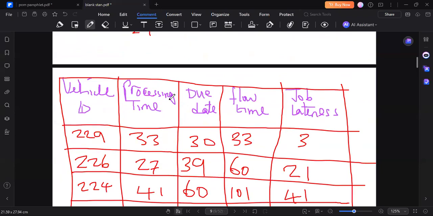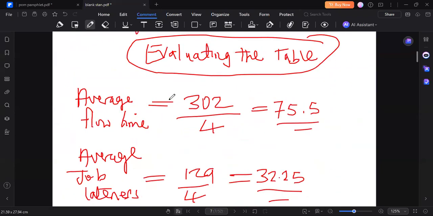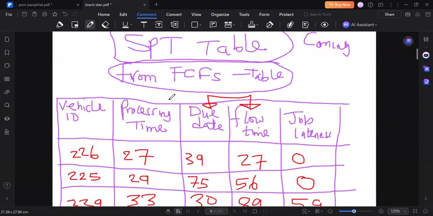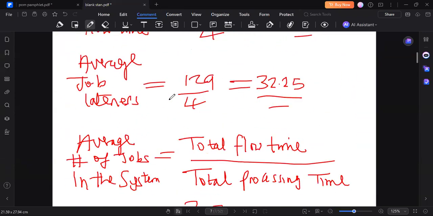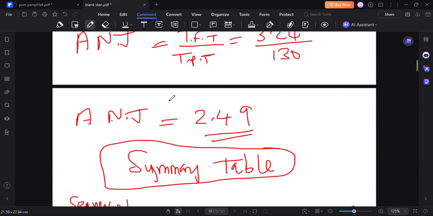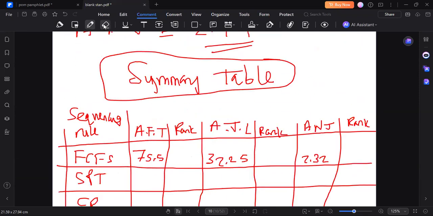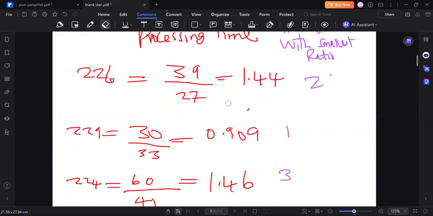Shortest processing time is this one. All right, so let's go back a bit. First, we go for first come, first served.